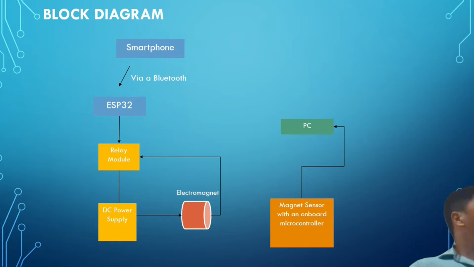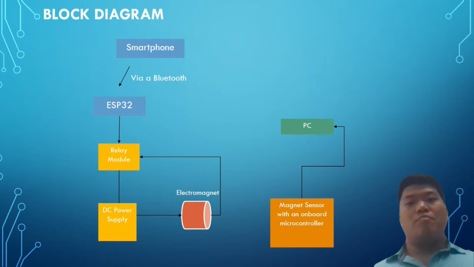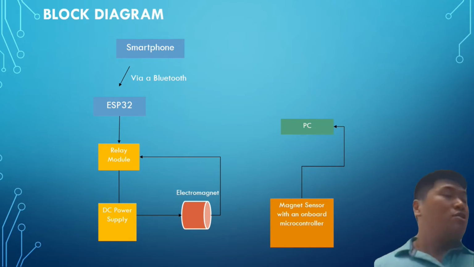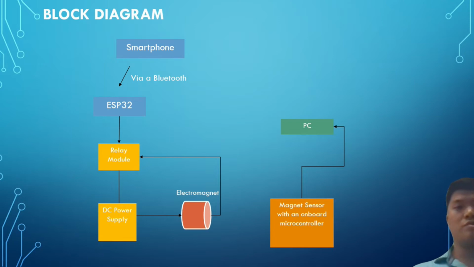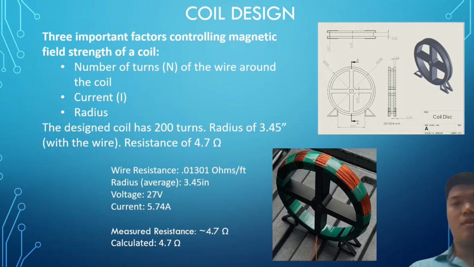And the ESP32 sends a digital signal to the relay module, that's my switch, and it will turn off and on the power supply to the electromagnet. And my Hall magnet sensor with the onboard microcontroller will decode the message, convert it back to the ASCII character, and display it on the computer.